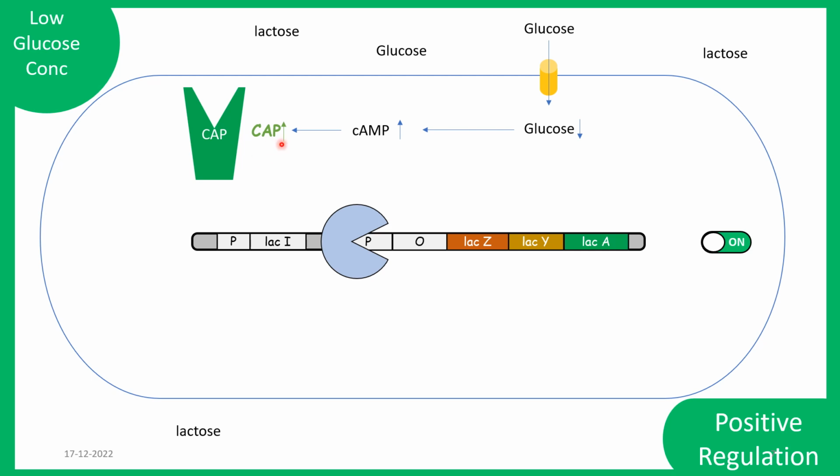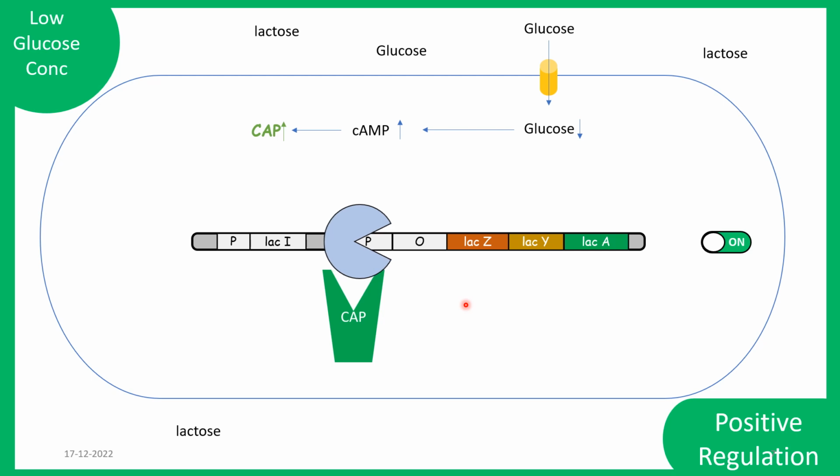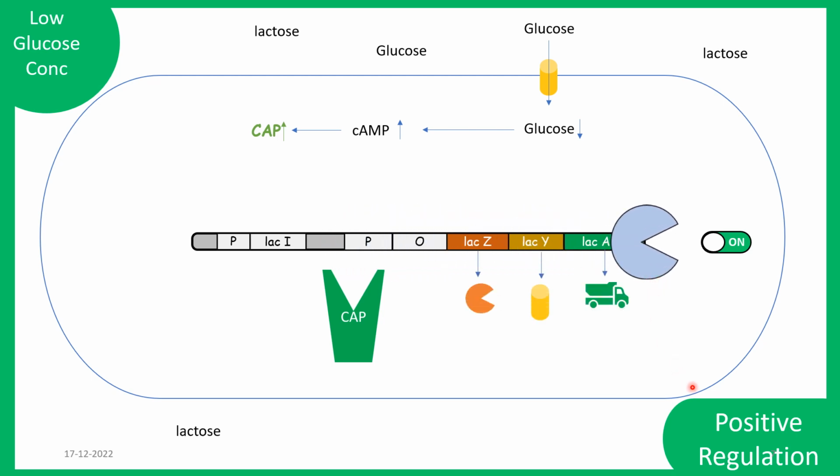Now, this activated catabolic activator protein, or activated CAP, goes to RNA polymerase, and this polymerase is activated and transcribes the genes of the Lac Operon. Now here one thing to remember is that this type of regulation is called the positive regulation of Lac Operon. Okay, because it is getting the switch on condition of the operon.